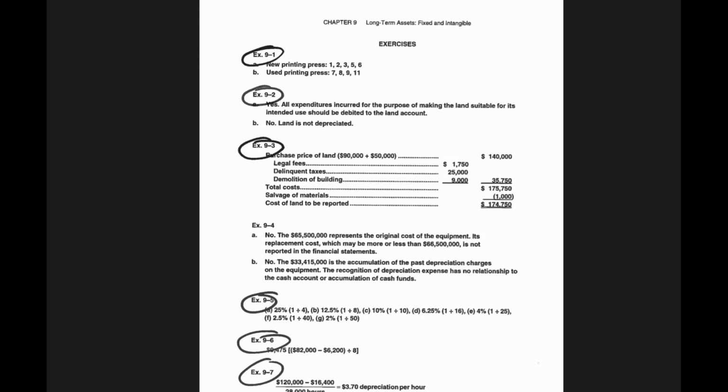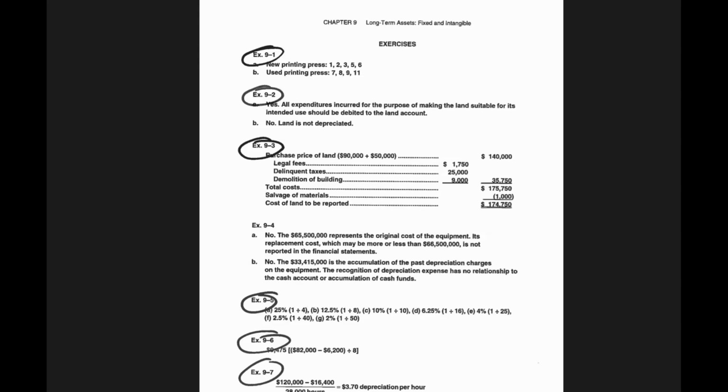Number 3, on-time delivery company acquired an adjacent lot to construct a new warehouse, paying $90,000 in cash and giving a short-term note for $50,000. Legal fees $1,750. Delinquent taxes that we assumed, that we had to take over, $25,000. Fees paid to remove the old building were $9,000.